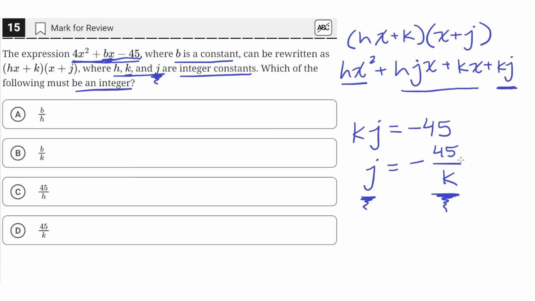And since negative 45 over k is an integer, since j has to be an integer, then that means that 45 over k must also be an integer, since the negative version of an integer is also just an integer. So answer choice D, 45 over k, must be an integer.